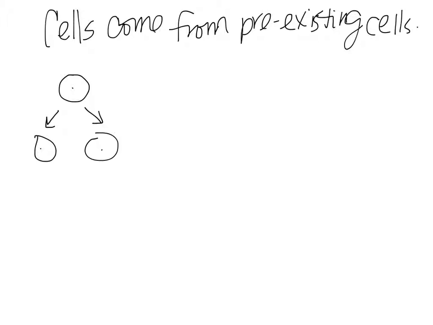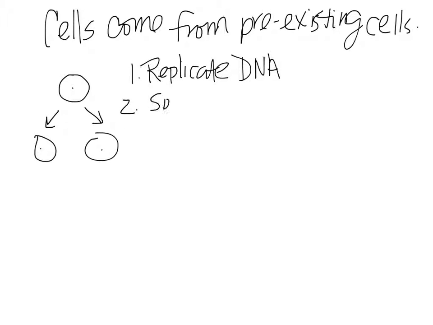It tells the cell what to do, how to do it, and when to do it. So first it's going to have to replicate the DNA, and then it's going to have to sort and divide so that all the cells have the appropriate information.